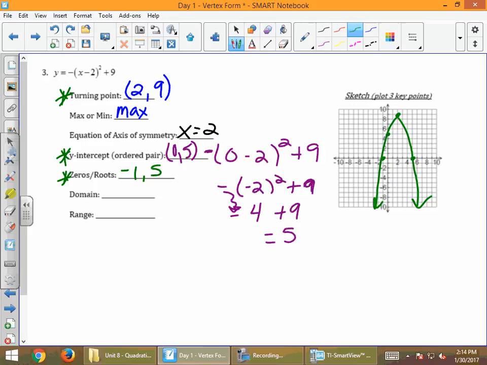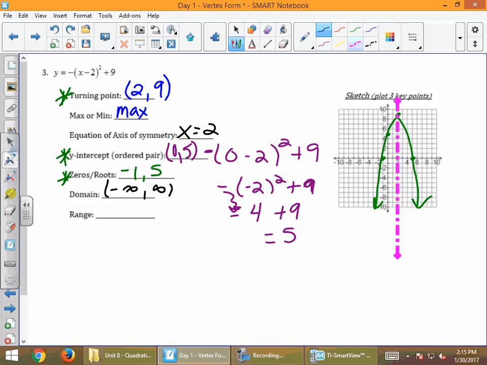And again, that axis of symmetry is just that dotted line that goes right down the middle, right through the vertex. What's the domain? What do we say the domain is always going to be? Negative infinity to infinity, or all real numbers, whichever works for you.